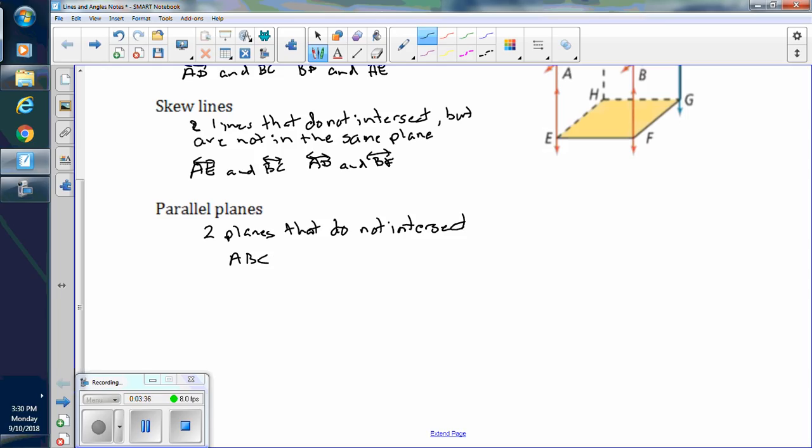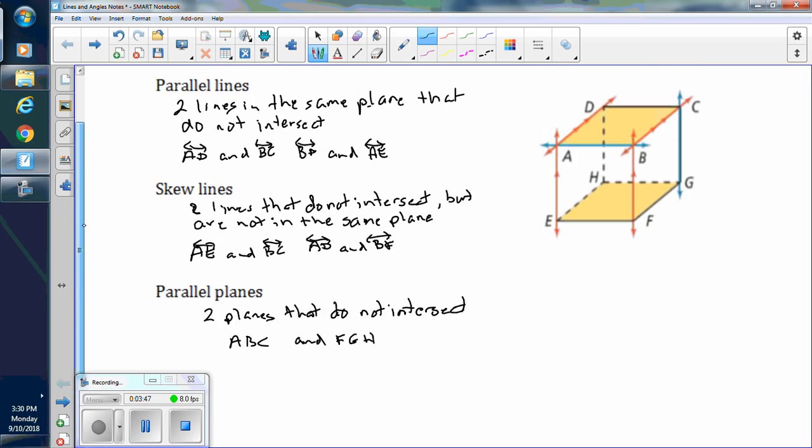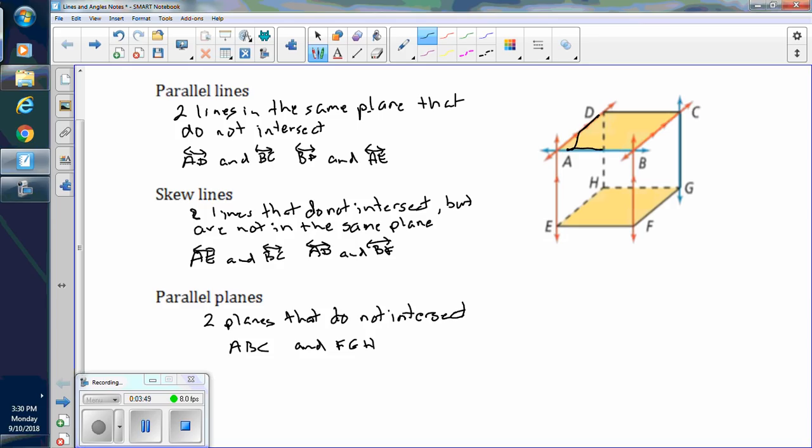And that's going to be parallel to plane, oh, FGH would be the bottom of the box. Those two planes don't intersect. Notice I could not say the top of the box and the right side because the top and the right side intersect on this line. So two parallel planes do not intersect.